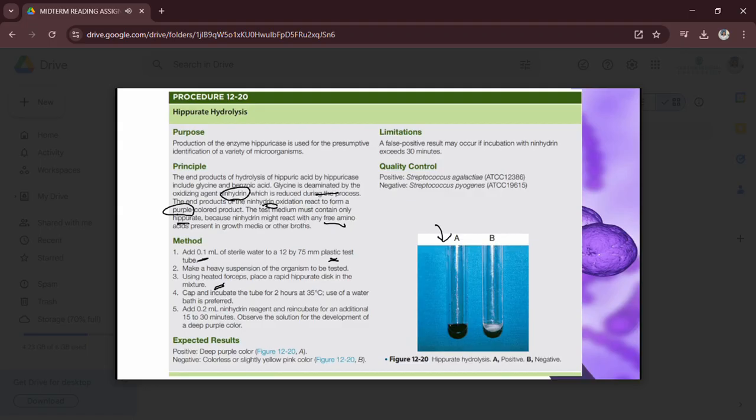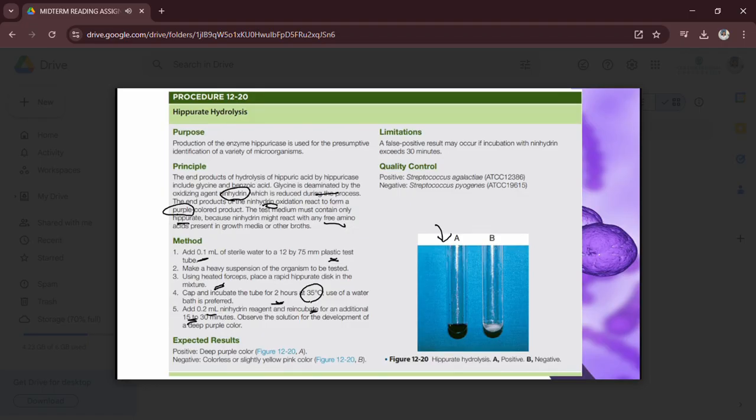You cover or cap, then incubate the tube for 2 hours at 35 degrees Celsius. Use of a water bath is preferred for incubation rather than the incubator. Afterwards, you further add 0.2 ml of your ninhydrin reagent and then re-incubate for an additional 15 to 30 minutes.